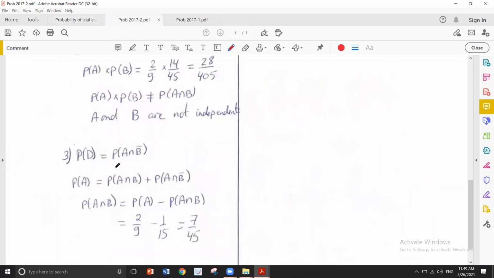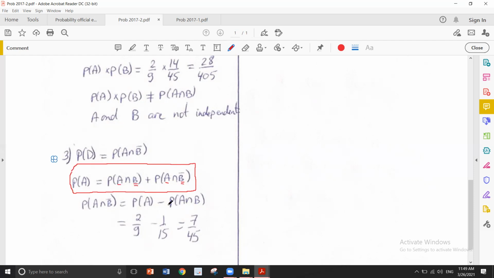So here, probability of D equals probability of A intersection B bar. We have the rule of total probability. Probability of A, we notice here we have A, and B and B bar should be opposite.